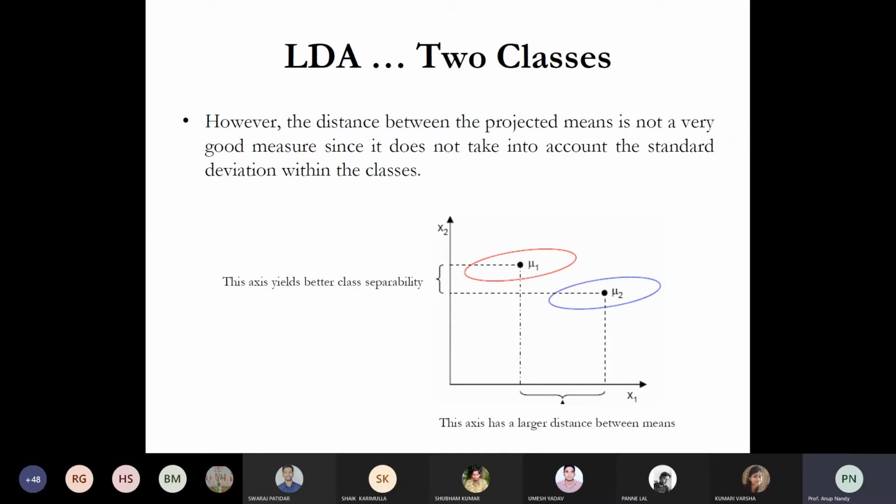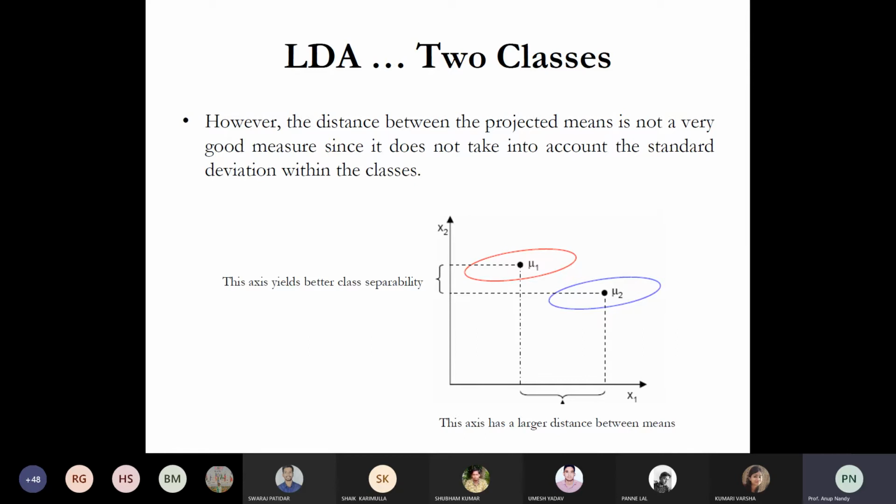From this intuition, the distance between the projected means is not a very good measure, because if you project onto x2, you will not have a very good separability. So from this concept you can understand that the distance between the projected means is not a very good measure, and it does not take into account the standard deviation within the classes.